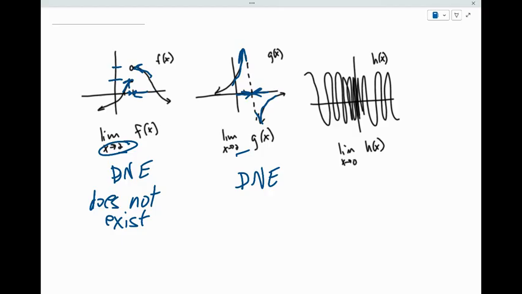Now, h of x is an oscillating curve. In theory, this isn't a perfectly drawn curve, but let's just assume that the y value is bouncing back and forth between these values.